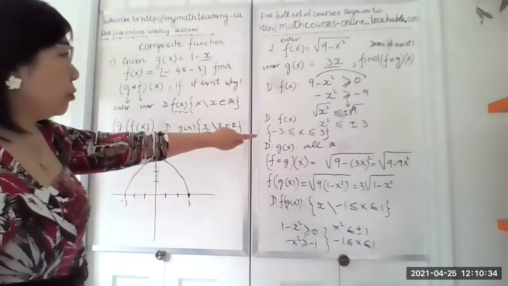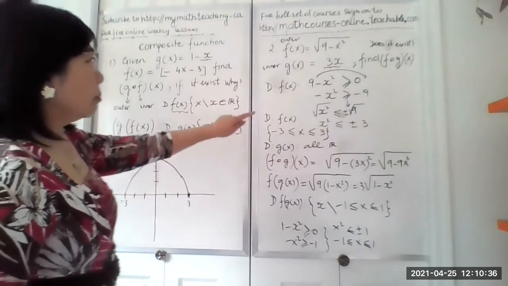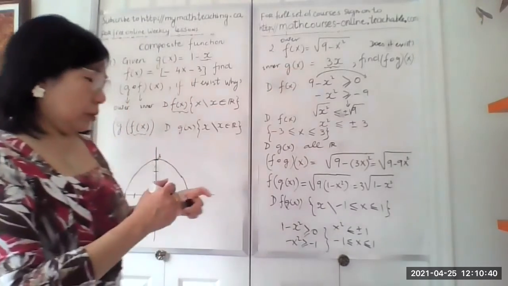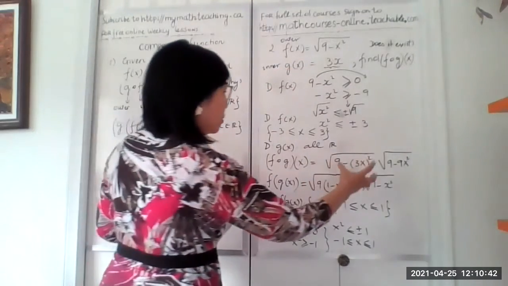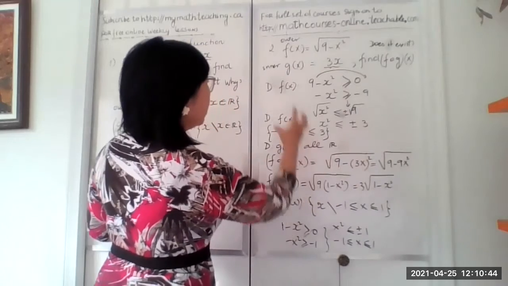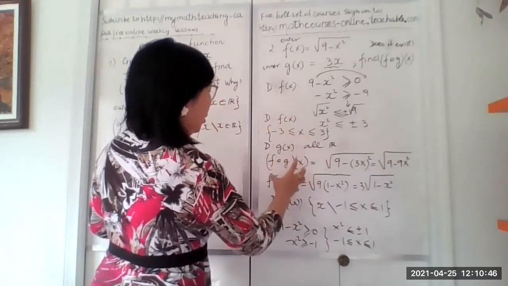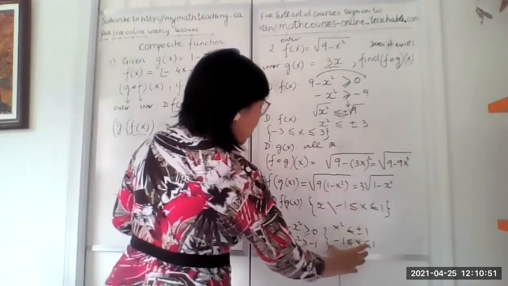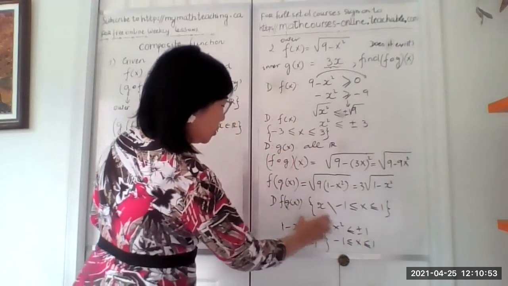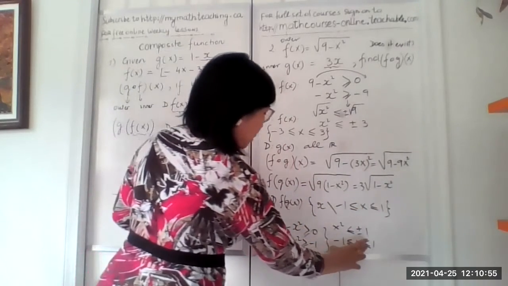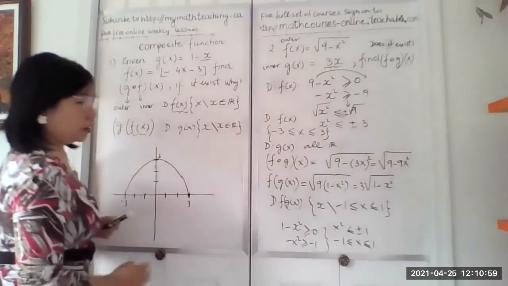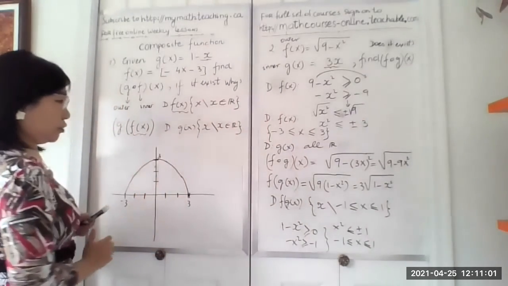Now, when we do the g of x, the domain of g of x is very large, but because we put it in the f of x, the domain of the new g of x becomes smaller than the outer function.